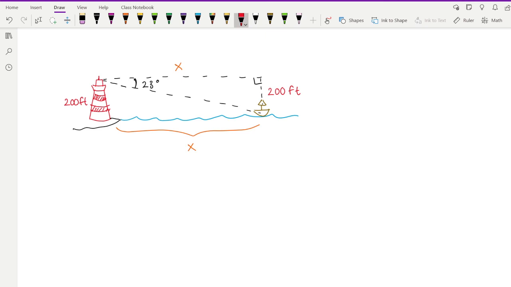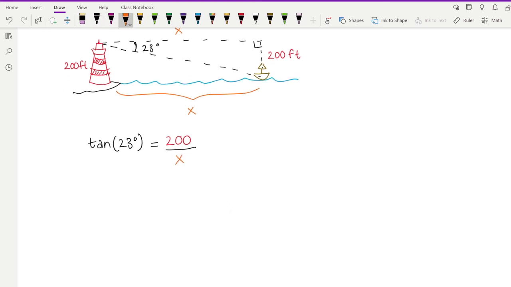So what would be a trig function that could relate X and 200? Well, once again, tangent is the most natural of the functions to use. So we can say tangent of 23 degrees is equal to the opposite side, so that's 200, divided by X. So the setup on this is a little bit different because we want to isolate X, but it's going to take two steps to get there rather than just doing one multiplication, right?